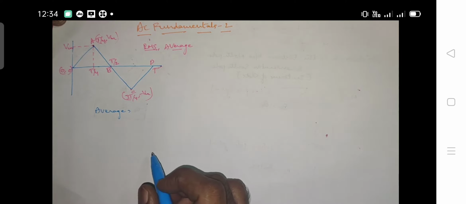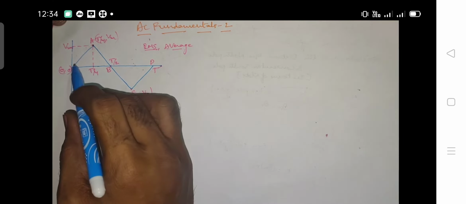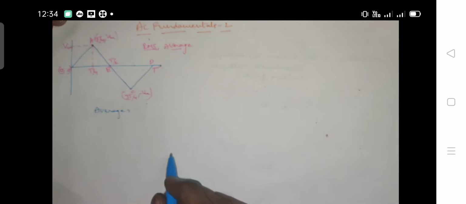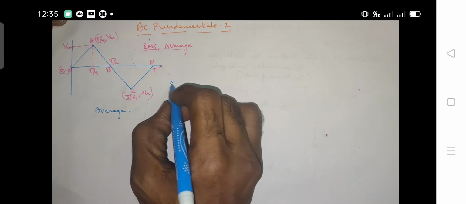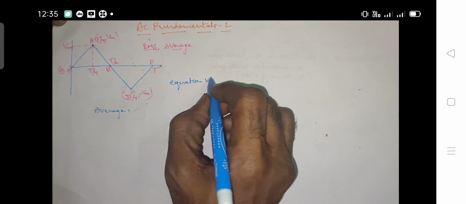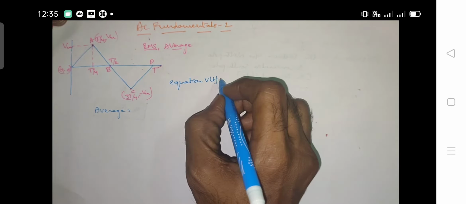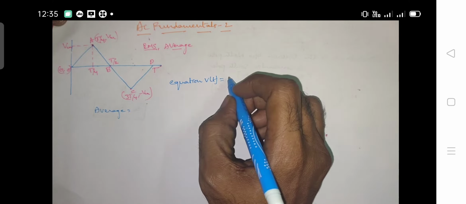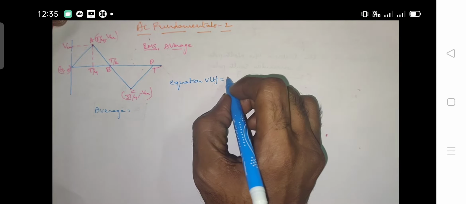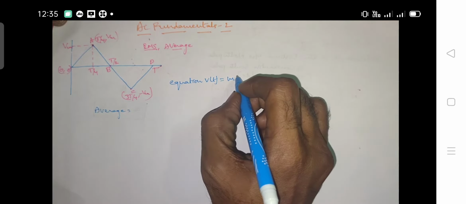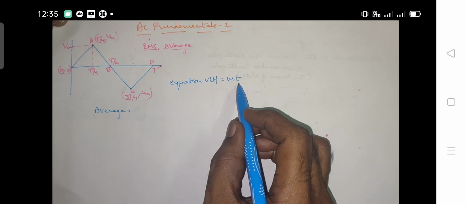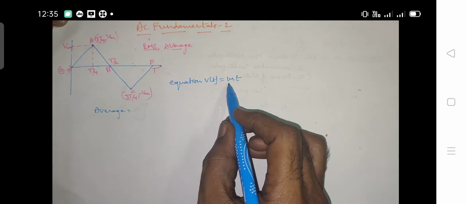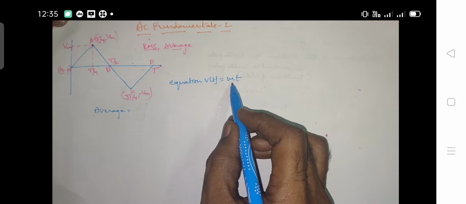For that sake, we need to find out the equation of this straight line passing through the origin. So first let us find out the equation of V of t. Generally the equation of a straight line passing through origin will be of the form y is equal to m into x. So here the y coordinate is related to the voltage and the x-axis is related to the time, and we need to find out the slope of this equation.